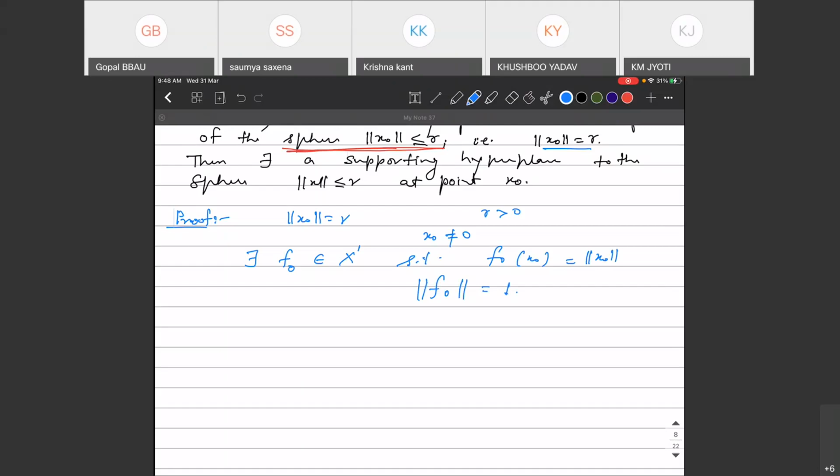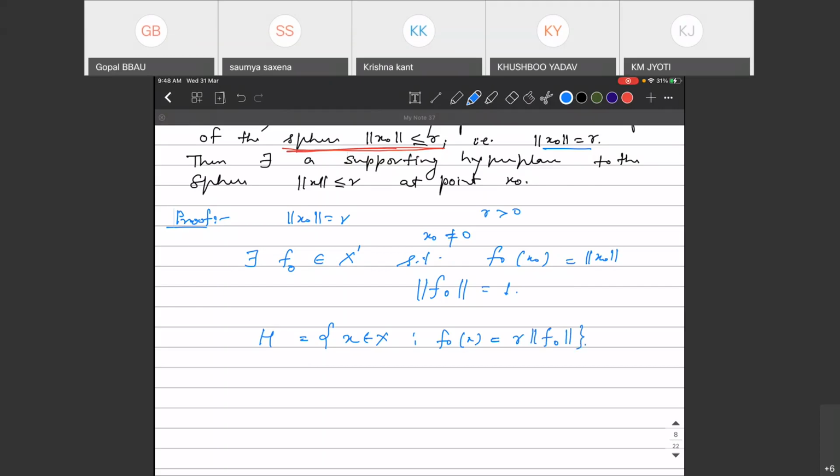So from this, let's see this set H, all x in X such that f naught x equals R times norm f naught.